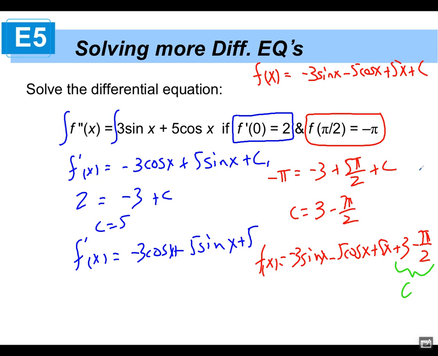That's c, or c sub 2, or d, or whatever you want to call it. It's the second constant of integration that we find in the problem. And that's about as bad as it gets. I mean, yeah, I could have thrown some fractions in there, but it's not that big of a deal. If you've got the antiderivative thing under control, this should be pretty straightforward.